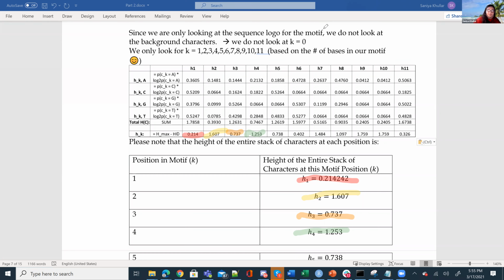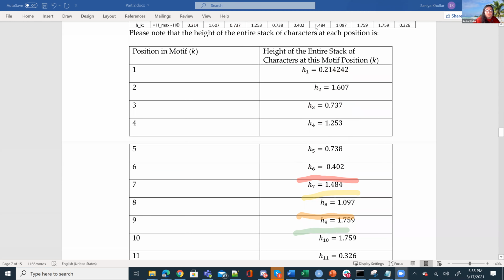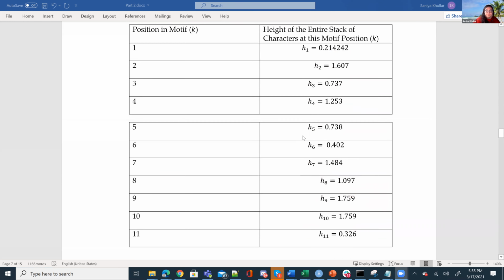You finish up all of these depending on how many positions are in your motif. Because our motif is 11, that's why this is 11. So this depends on the number of bases in your motif. This is the motif position, and our motif has a width.